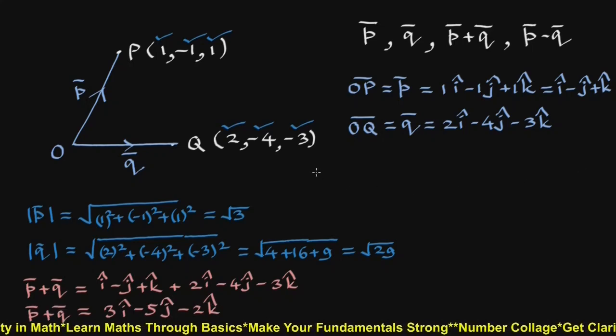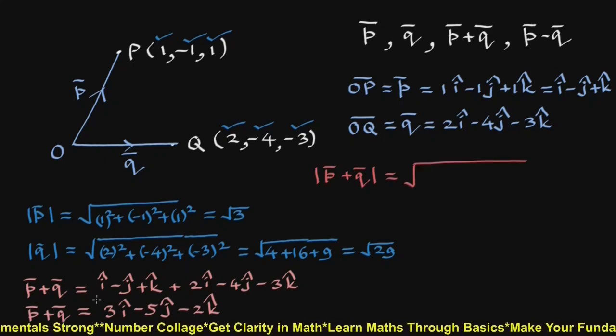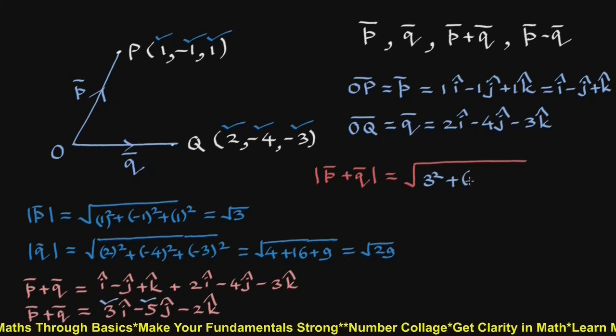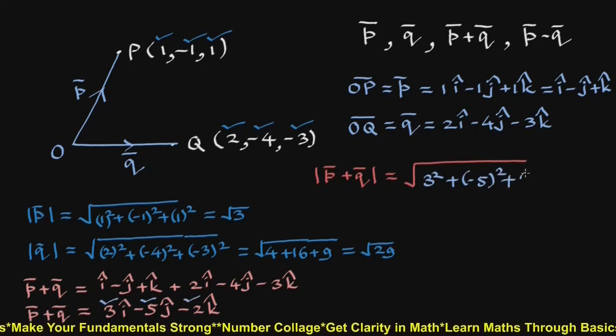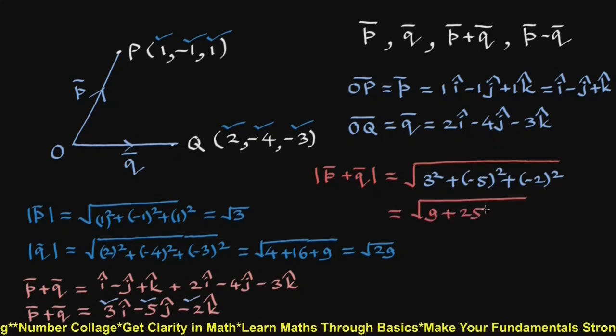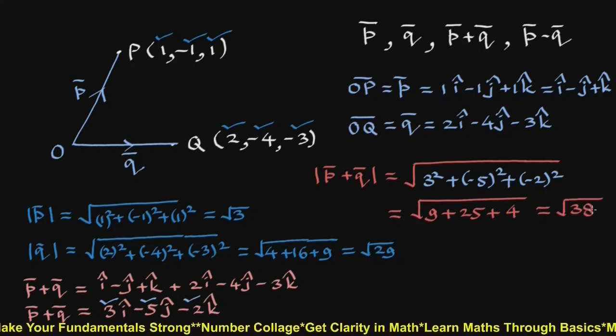Next we have to find mod p bar plus q bar, that will be square root of this 3 square plus this minus 5 square plus this minus 2 square, that will be square root of 9 plus 25 plus 4, that will be square root of 38.